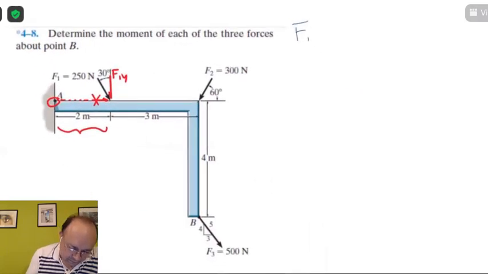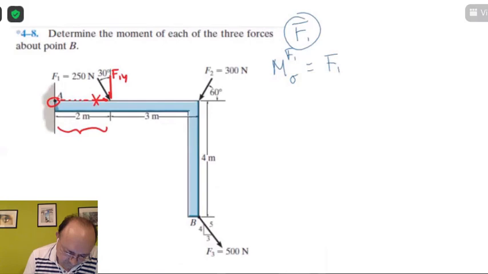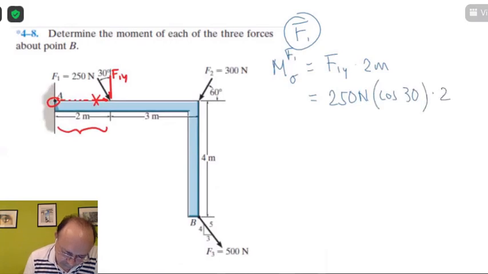So that moment, the moment of F1 with respect to O, will be just the moment of the component Fy, F1y times 2 meters. So F1y will be 250 newtons multiplied by cosine 30 times 2 meters.